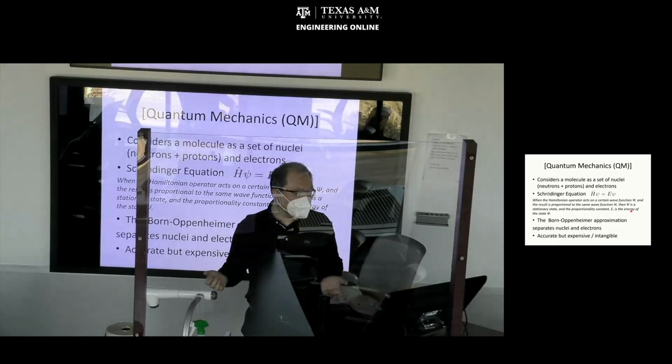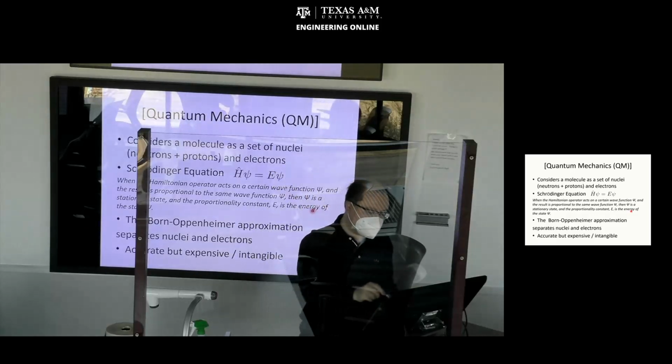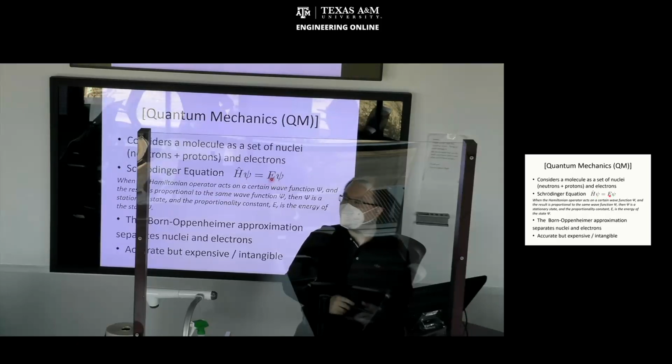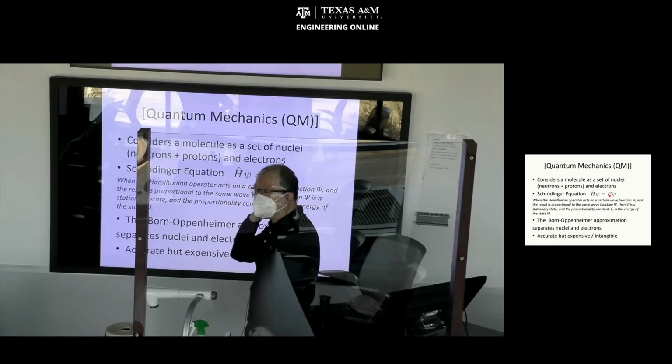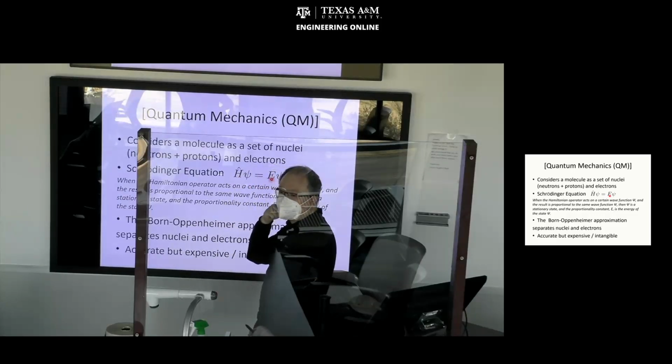Then this Schrodinger equation, if you look at this one, it looks like what? It looks like Ax equals lambda x, isn't it? Ax equals lambda x means what in linear algebra? It means lambda is the eigenvalue of the matrix A.